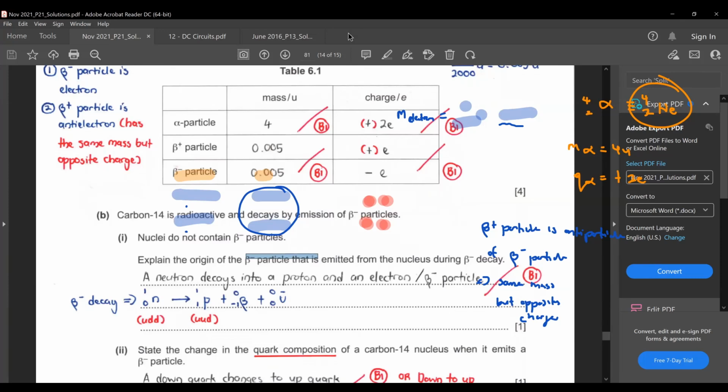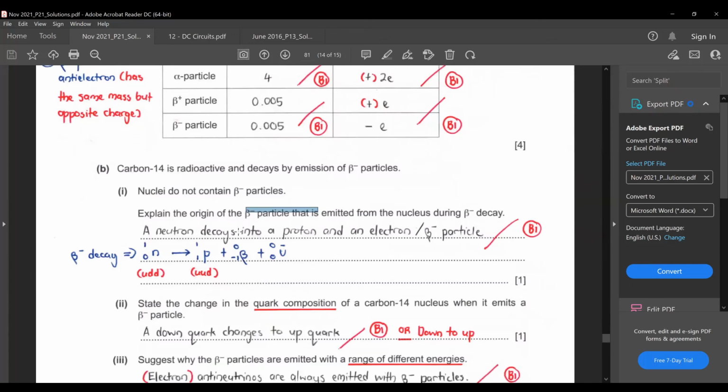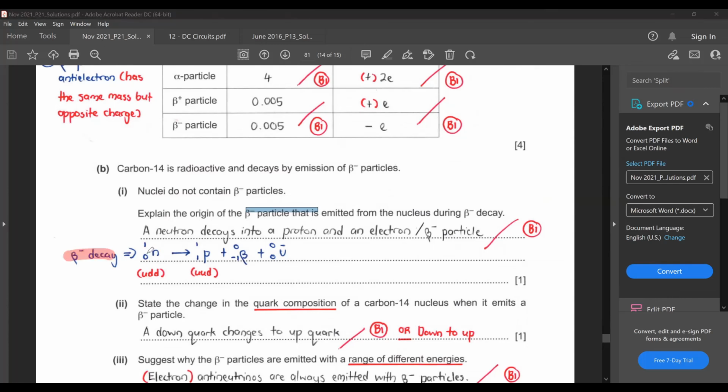It actually came from your beta minus decay, as a result of one of your nucleons changing to another nucleon. We know that beta minus decay is where a neutron changes to a proton, and in the process you get a beta minus particle and an electron anti-neutrino. This is like a byproduct of a neutron changing to a proton.